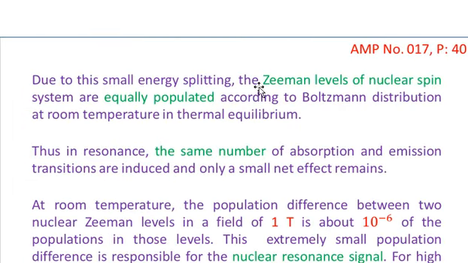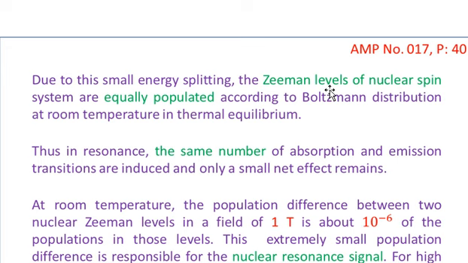Due to this small energy splitting, the Zeeman levels of the nuclear spin system are equally populated. According to the Boltzmann distribution at room temperature in thermal equilibrium, the population of both the Zeeman levels in the nuclear spin should be the same. Here you see that I am talking about the Zeeman levels because I am using a magnetic field which is small in strength.